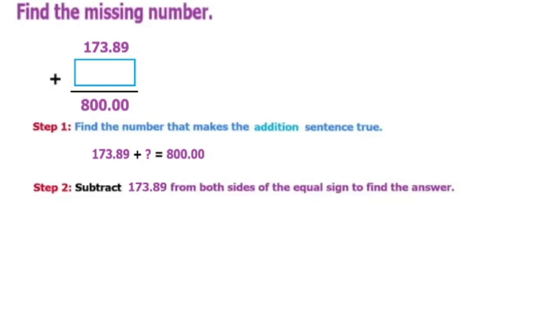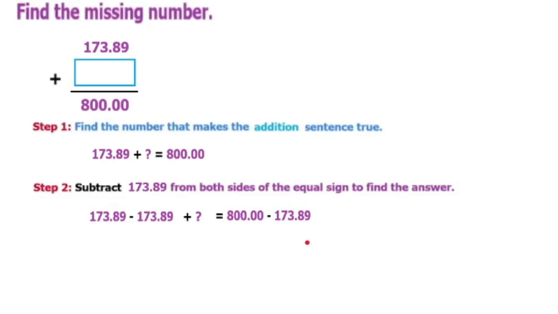So you would need to get this question mark on its own, and to be able to do that, you would have to subtract 173.89 from both sides of the equal sign to find the answer. And you have to do that to both sides to balance the equation. You don't want it to be unbalanced, otherwise it won't make sense anymore.